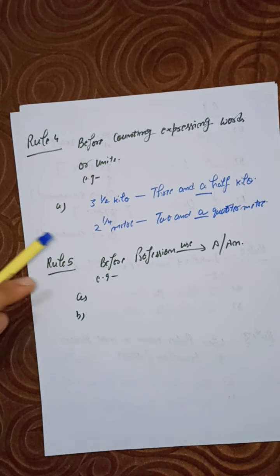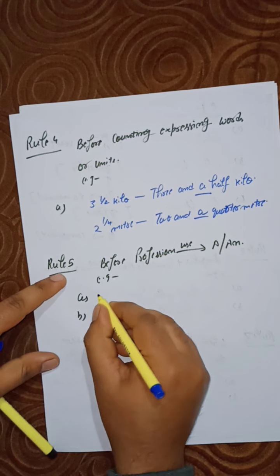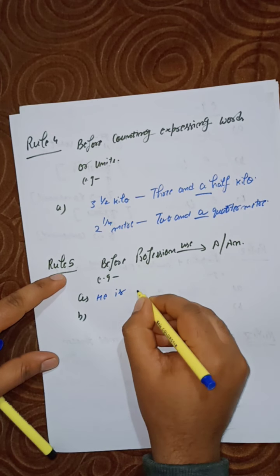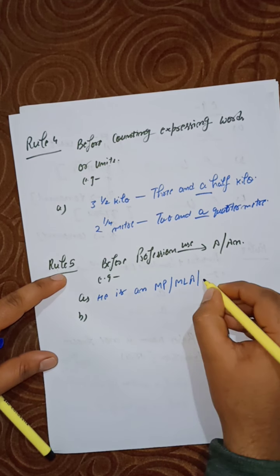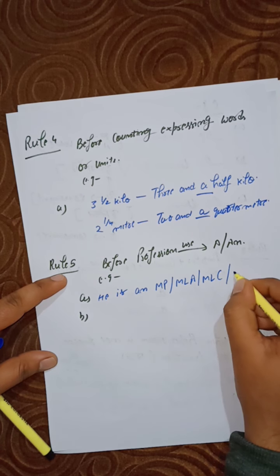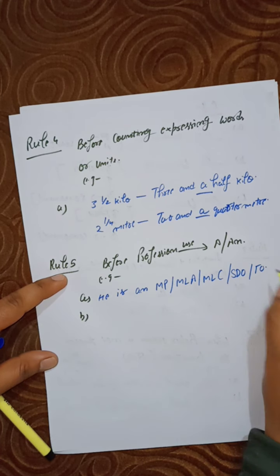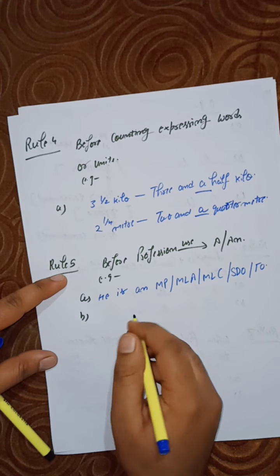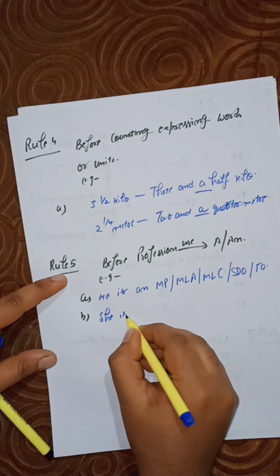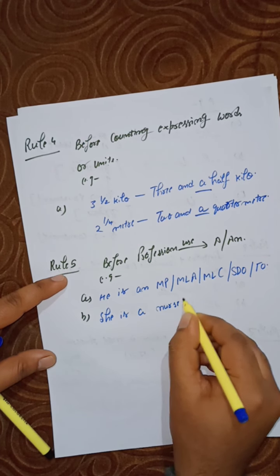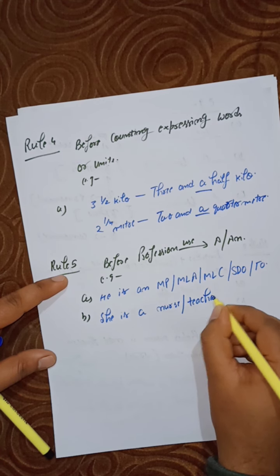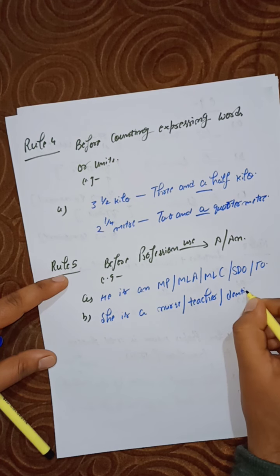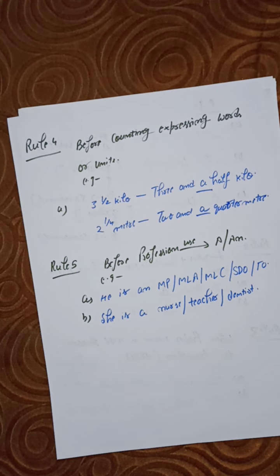Examples: he is an MP, MLA, MLC, SDO, etc. And she is a nurse, teacher, and dentist. So these are a few examples.